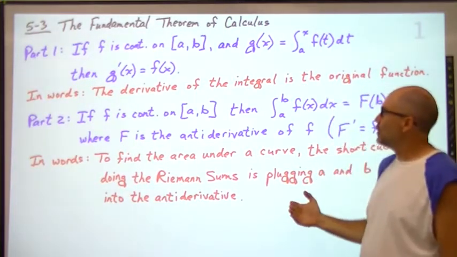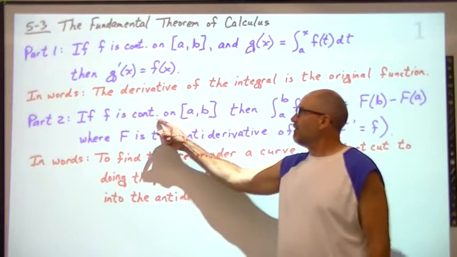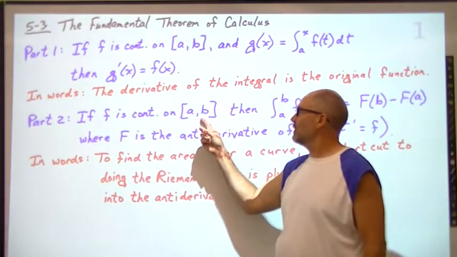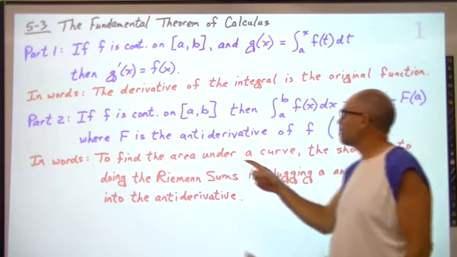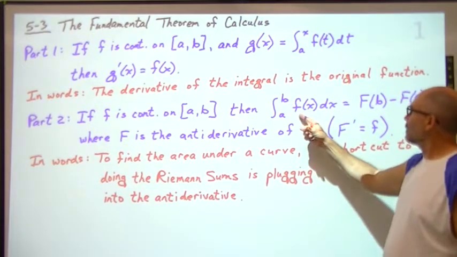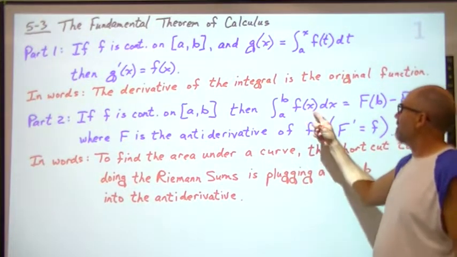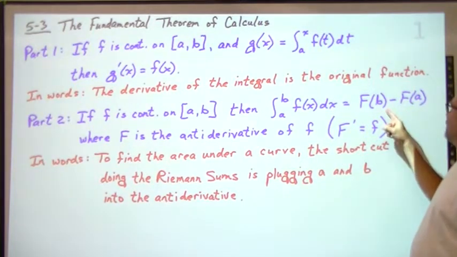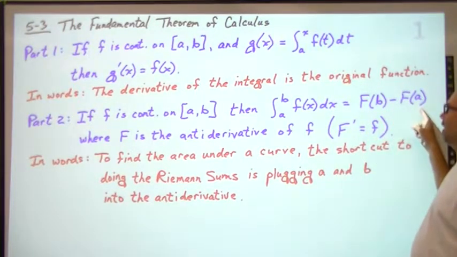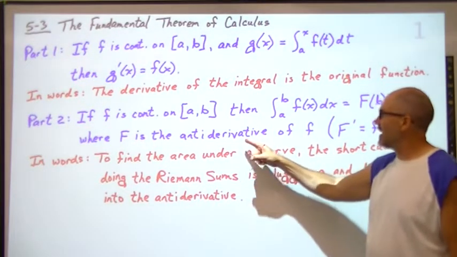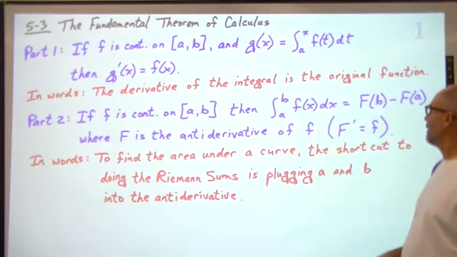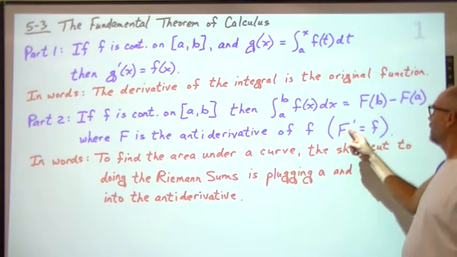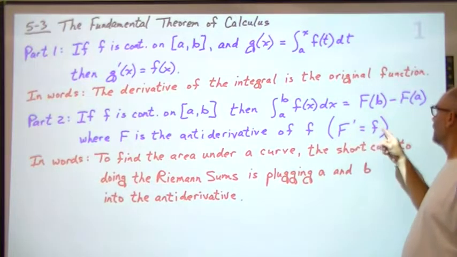Now, part 2. If f is continuous on closed interval a b again, then the integral from a to b of f of x dx equals capital F of b minus capital F of a, where capital F is the antiderivative of small f. In other words, the derivative of capital F equals small f.